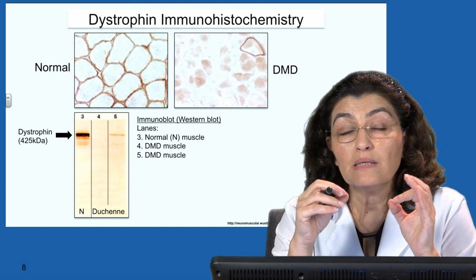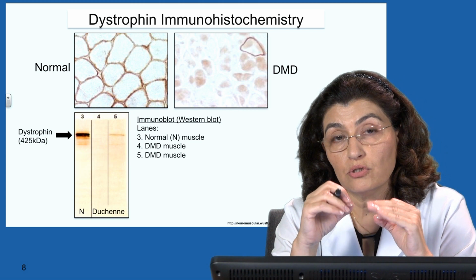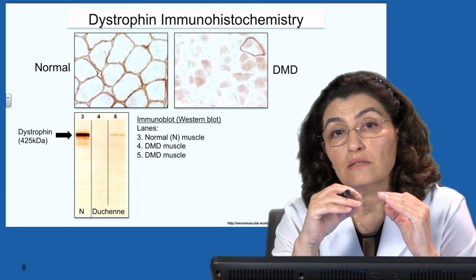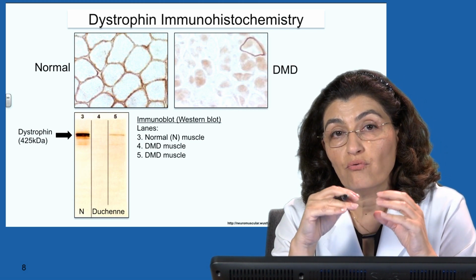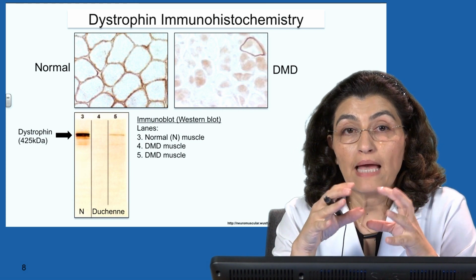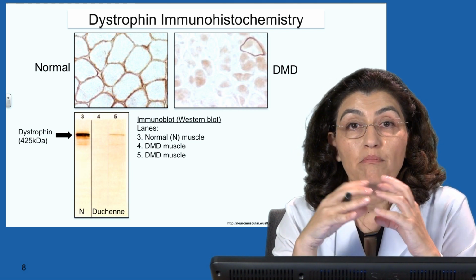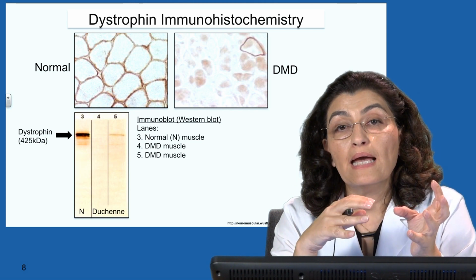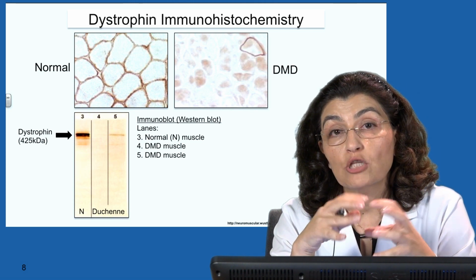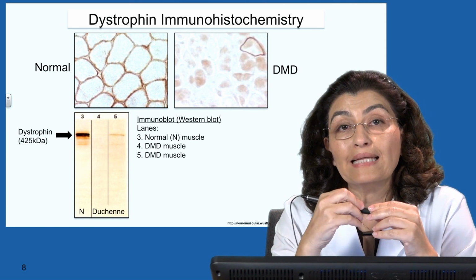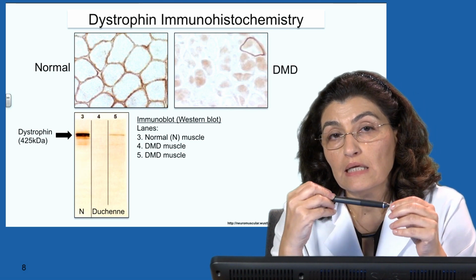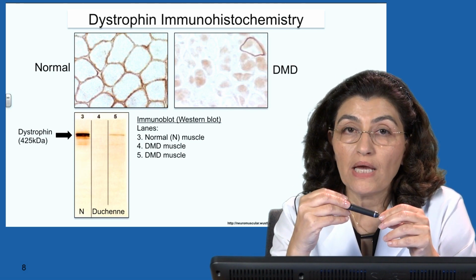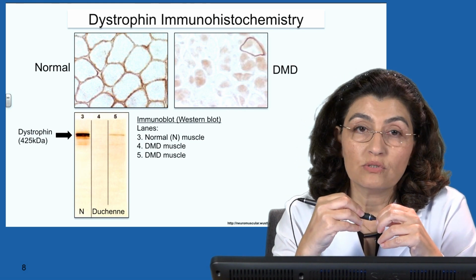When it comes to Duchenne muscular dystrophy, we said that the protein dystrophin is missing. Now, this can be missing either as a big chunk, or it can be totally missing, or it can be there but not be functional. In a clinical laboratory, we have a way to diagnose that.